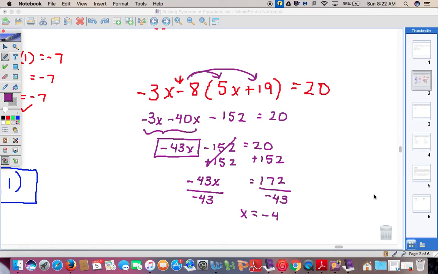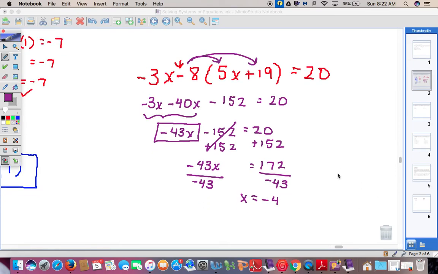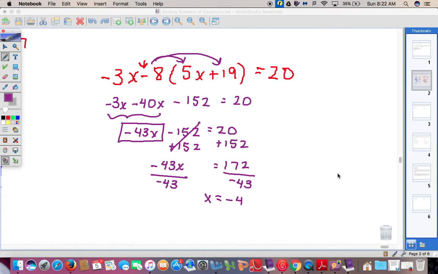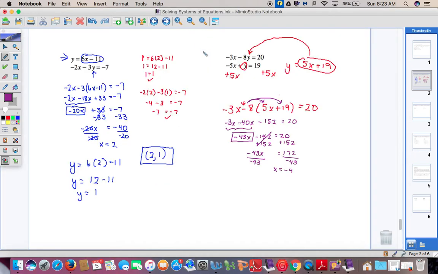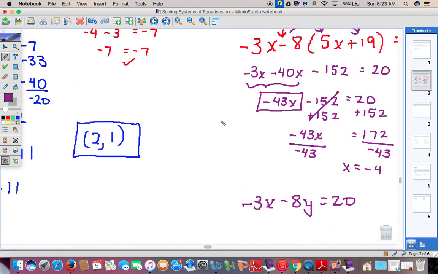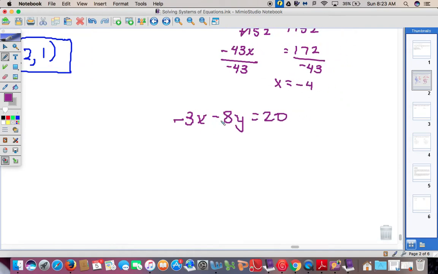Okay, so if x equals negative 4, what does y equal? Well, I have to figure that out by substituting it back into one of my original equations. If I substitute it into the first one, I can say negative 3x minus 8y equals 20. I just need that to zoom back in so I can make this legible for you.